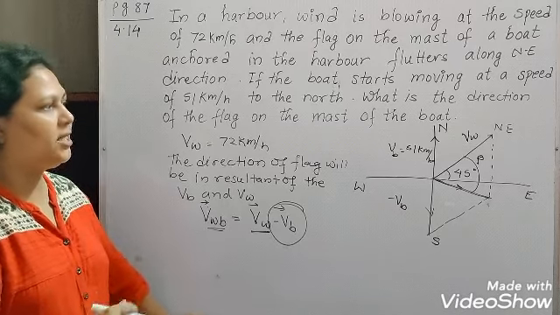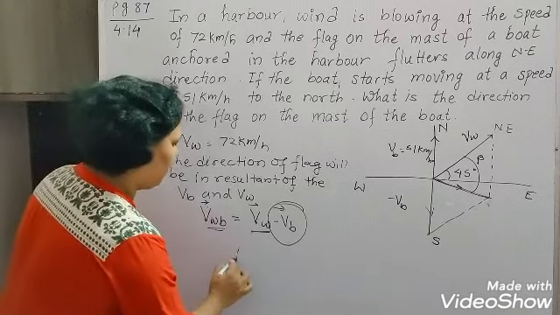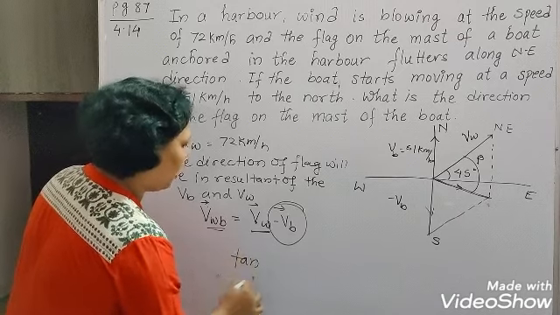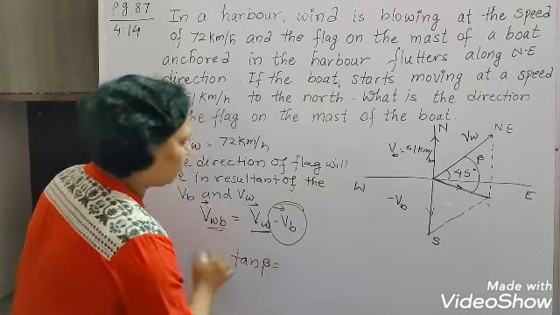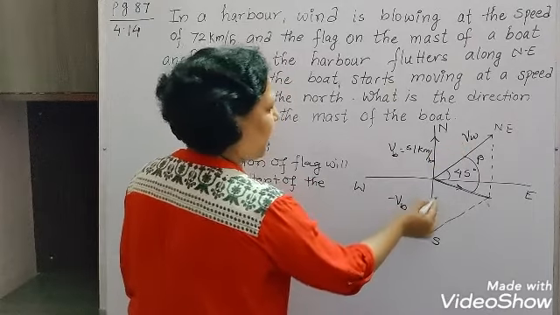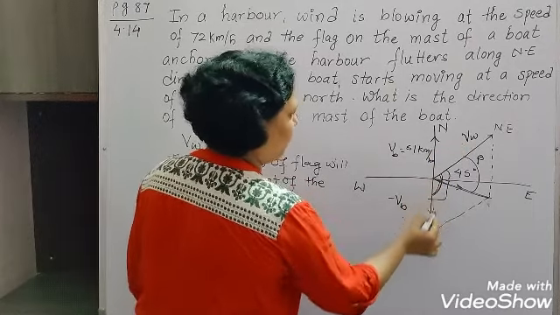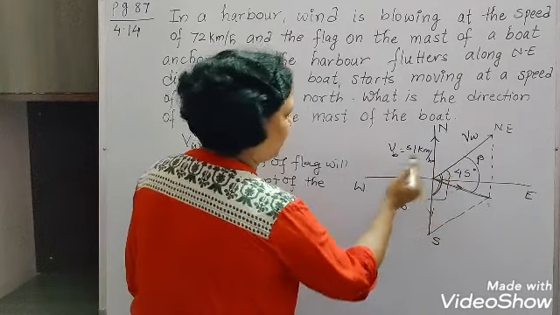To calculate it, what will we do? We will write the formula that tan beta is equal to... now you can see the two vectors here, VW and minus VB, and the angle between these two, this much is 90 degrees and 45, so the total angle is 135.